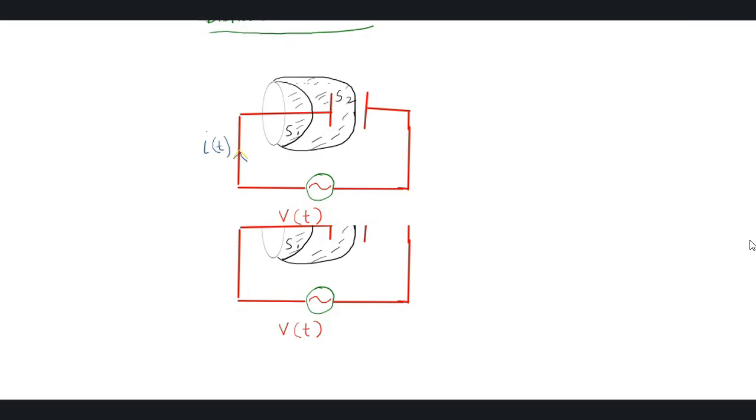So this current will go through the whole circuit, and for the surface S1, if we apply the Ampere circuital law, we may write that closed integral along this contour of B dot dl, where B is the magnetic field at any point on the contour, is equal to mu 0 times I. This is the mathematical statement of Ampere's circuital law.